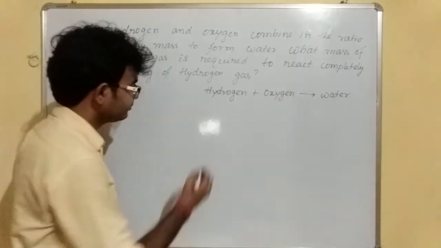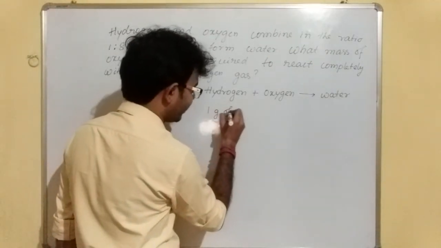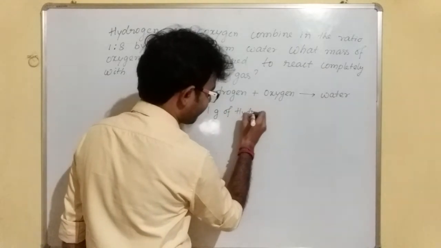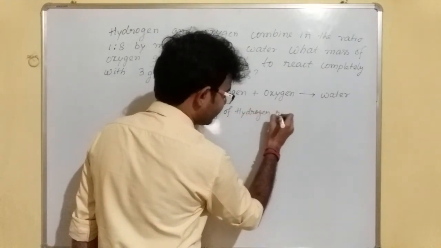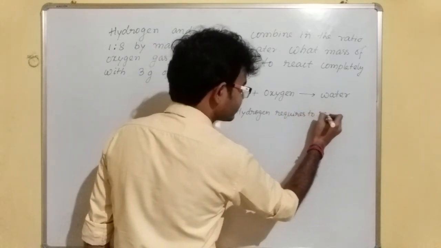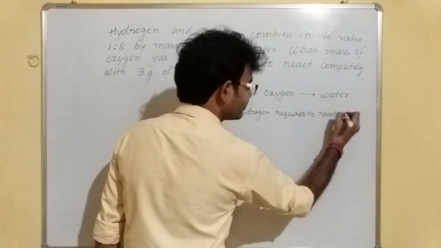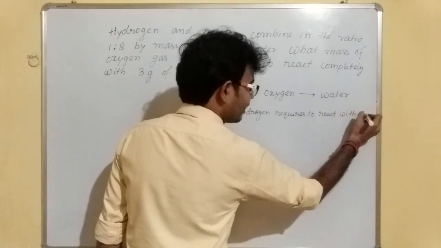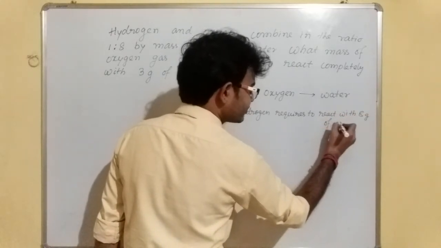1 gram of hydrogen requires to react with 8 gram of oxygen.